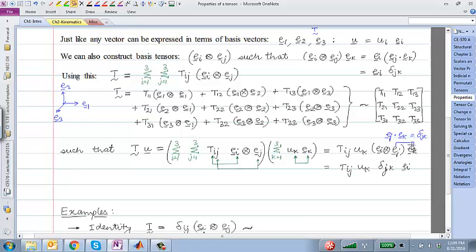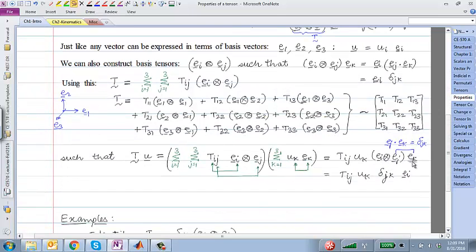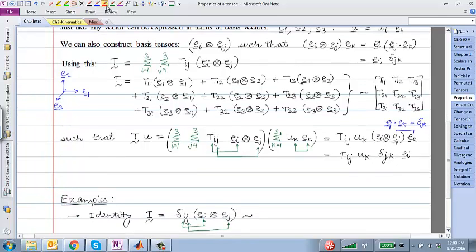All I did here was to use the property of the dyadic product that we had talked about out here. When we have this type of an operation, tensor acting on a vector, the last two vectors dot with each other. So that's what I did here, EJ dot with EK in the direction of EI. So we write it like that. And now we can use the contraction property of delta. So we can possibly contract out K and replace that with J. So what we get is Tij Uj and in the direction EI.